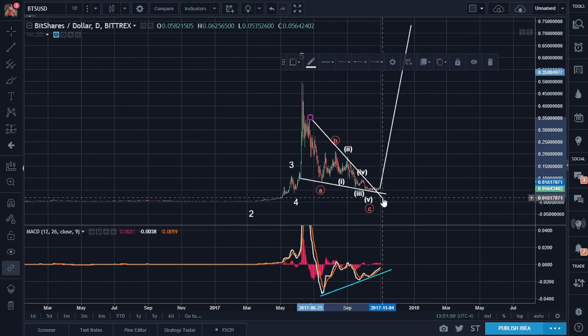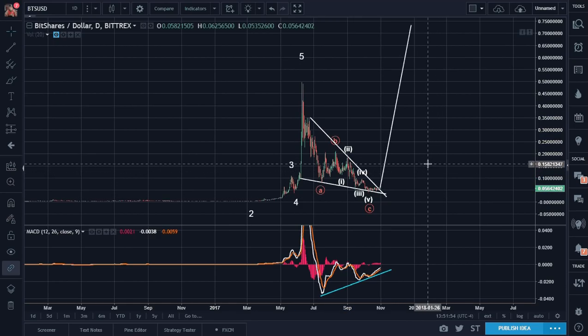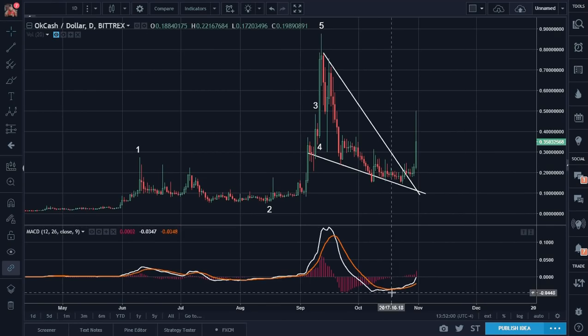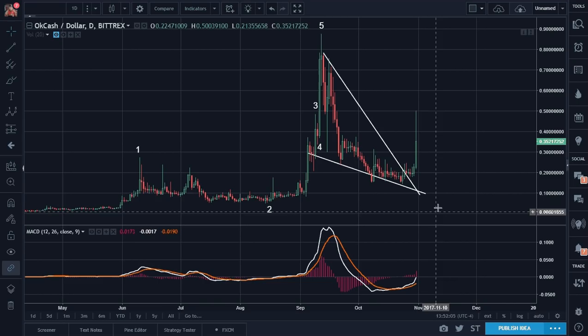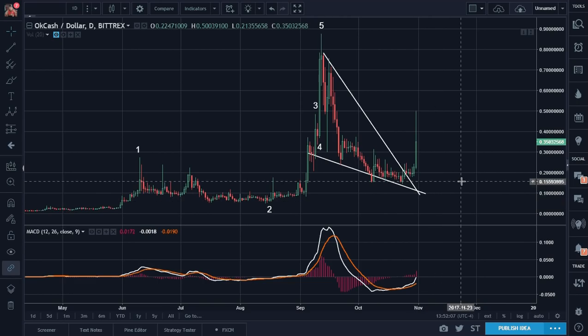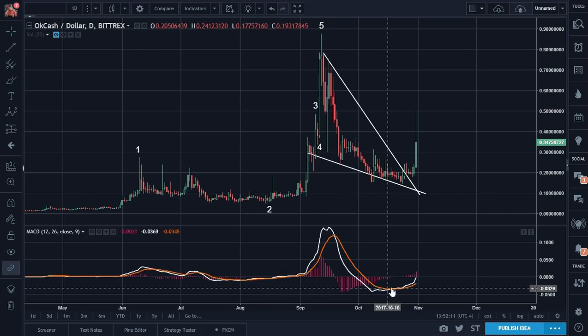I'll make a new coin with that, I guess. Hashing Crypto Geyser Coin. Okay? Now, I'm talking about BitShares, and it really doesn't matter. This, too, is showing a phenomenal bullish cross of the MACD.